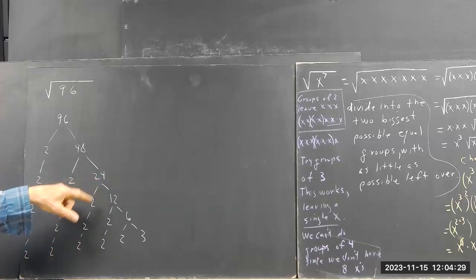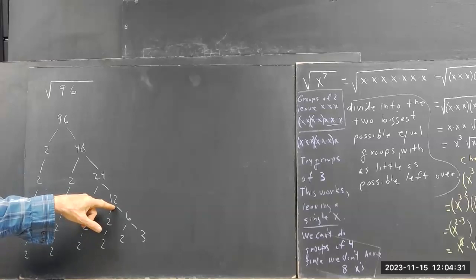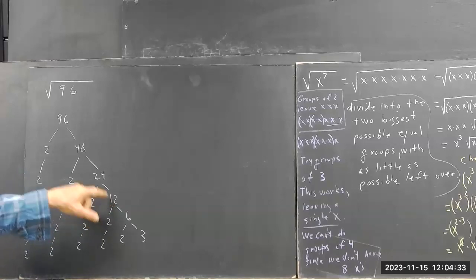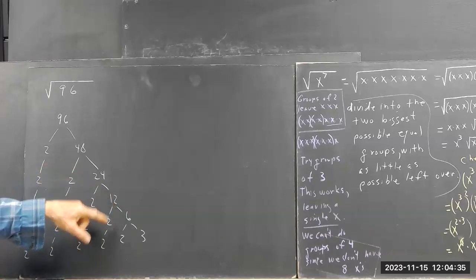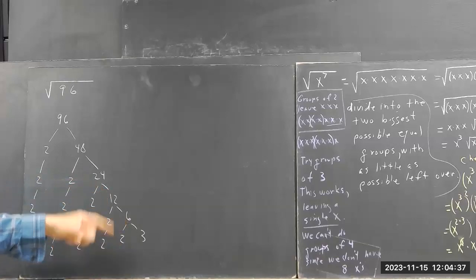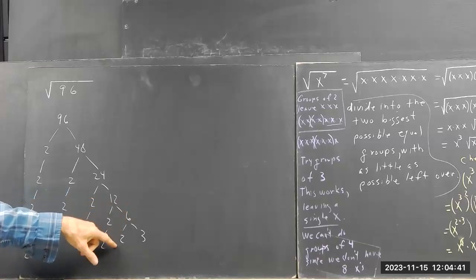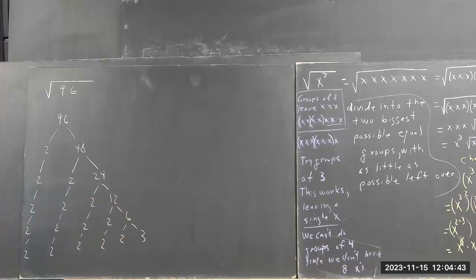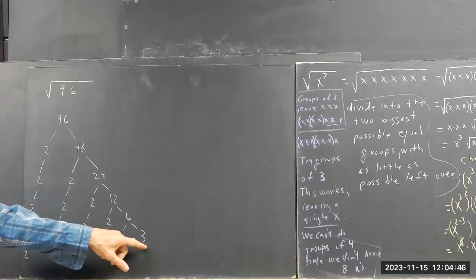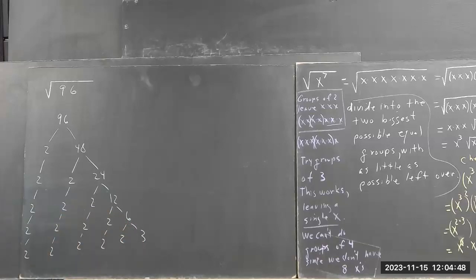Okay, then we divide 24 by 2 and we get 12. So 2 times 12 is 24. We divide 12 by 2 and we get 6. So we know that 2 times 6 is 12. We divide 6 by 2 and we get 3. Knowing then that 2 times 3 is 6. So that 96 is 2 times 2 times 2 times 2 times 2 times 3.